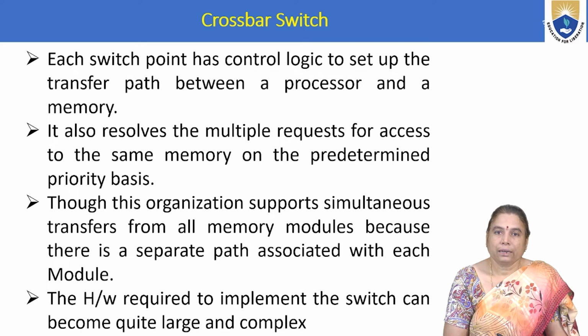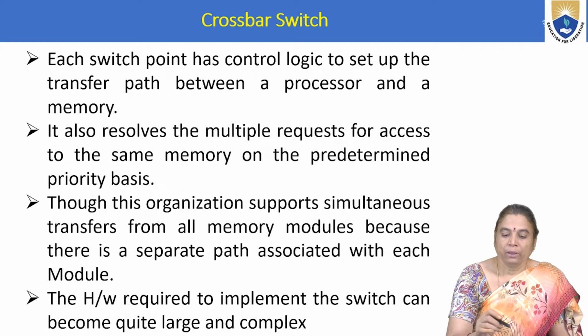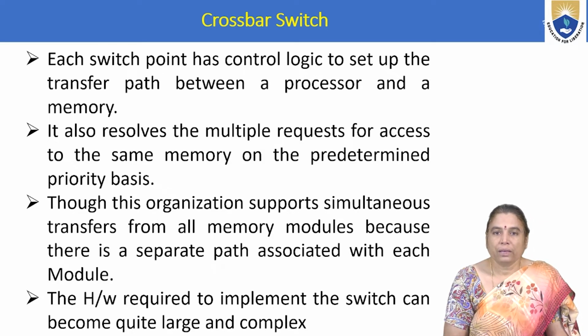Next, the third interconnection structure is the crossbar switch. Here in the crossbar switch, each switch point has a control logic to set up the transfer path between a processor and the memory. So switching logic has to be employed to define or set up the communication path between the processor and the memory.